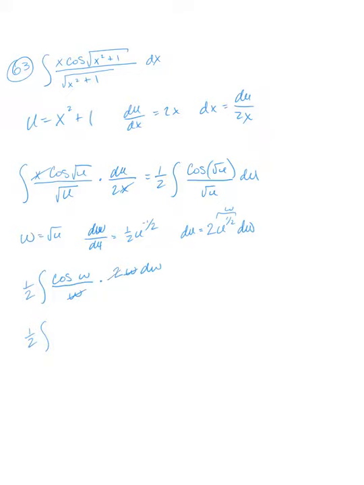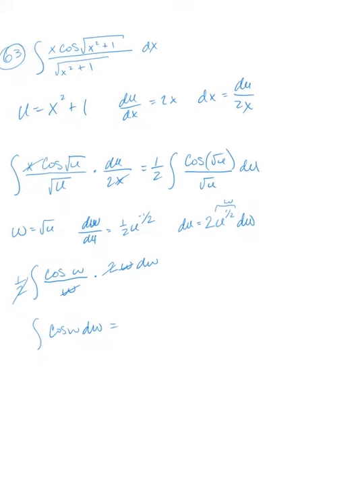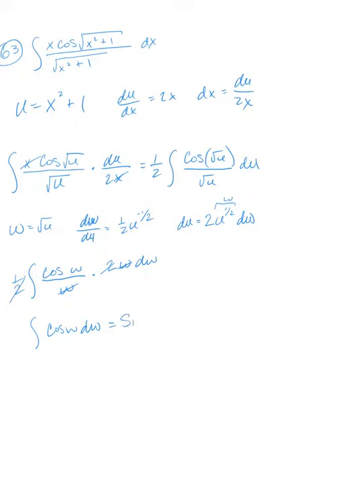Oh, this 2 cancels with my 1/2, so I'm going to get rid of that. Integral of cosine w dw. The antiderivative of cosine w is sine w. And then I'm going to replace w with square root u. And then I'm going to replace u with x squared plus 1.